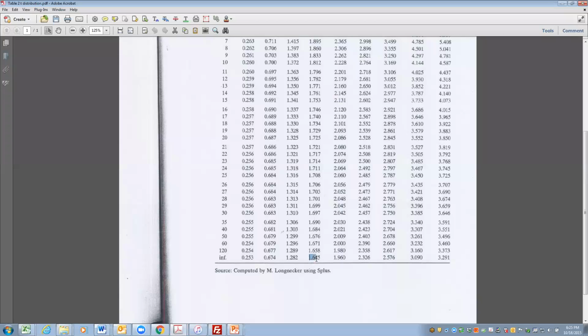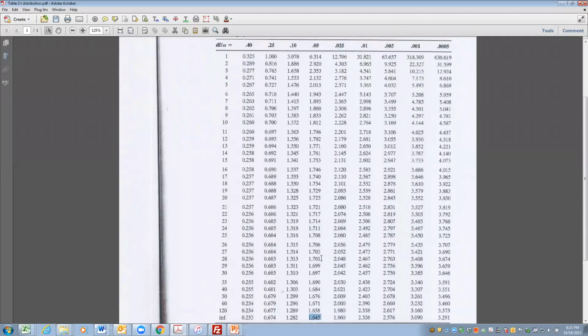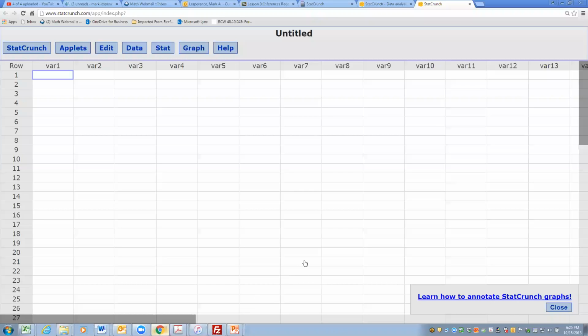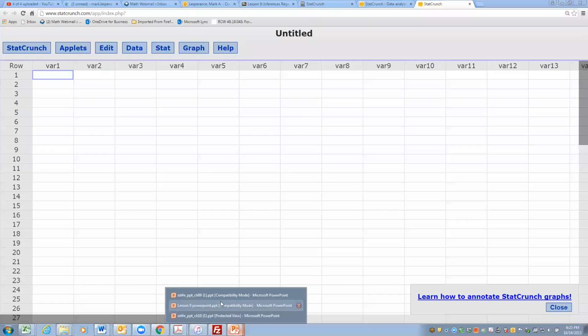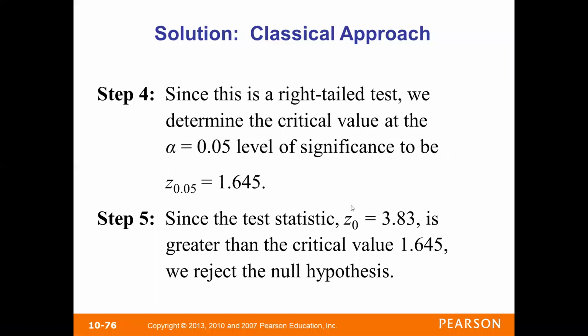And in the infinite row in the 0.05 column, I see 1.645, so I know that that's my critical value. Because 3.83 is bigger than that, we will reject the null hypothesis.